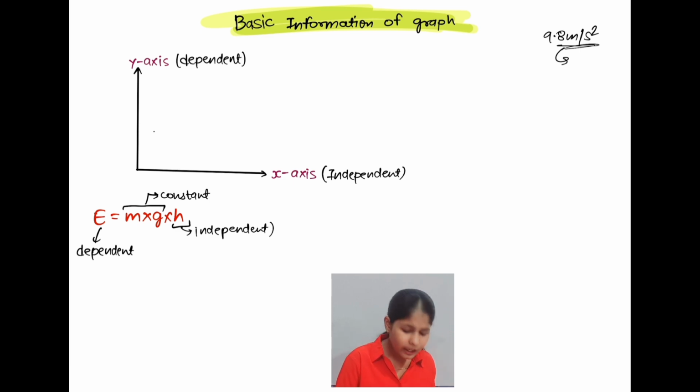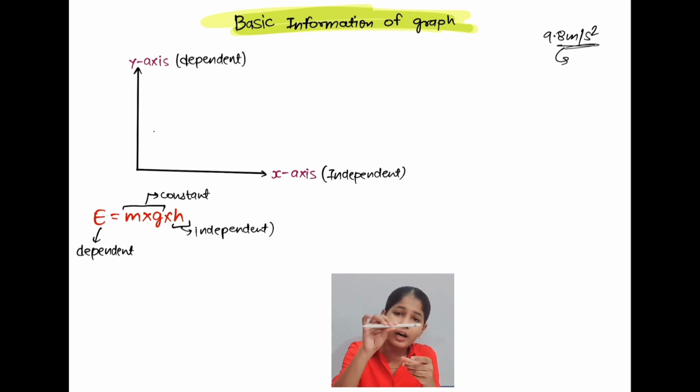Because automatically m and g, means mass and acceleration due to gravity, are not going to change, because they are constant. They will remain the same in every situation. But height can be changed. We can change our height. For example, if I'm calculating energy from 5 meter, the mass will be the same, the acceleration due to gravity will be the same.